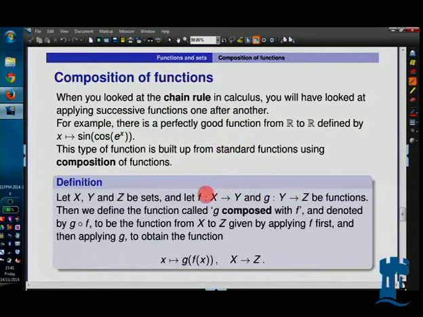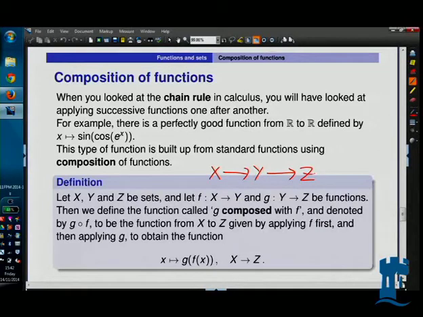And the formal definition of g composed with f, which means do f first and then g. You use this little circle symbol here for the composition of two functions. So you've got f going from x to y, and g going from y to z. And you could put them one after the other. So I could do x going to y, going to z.